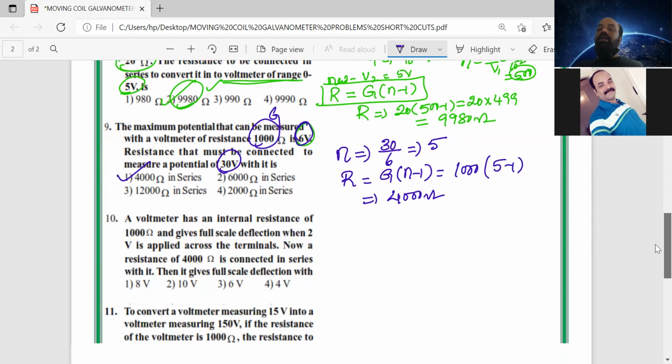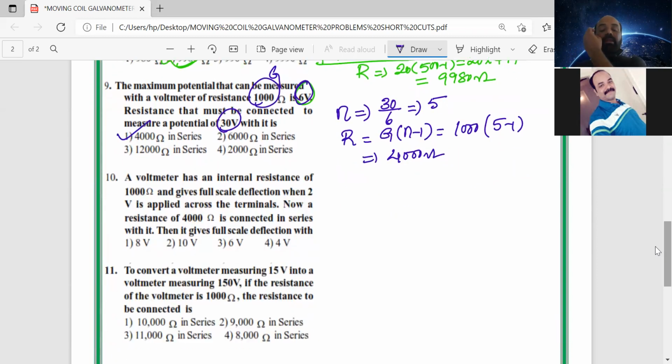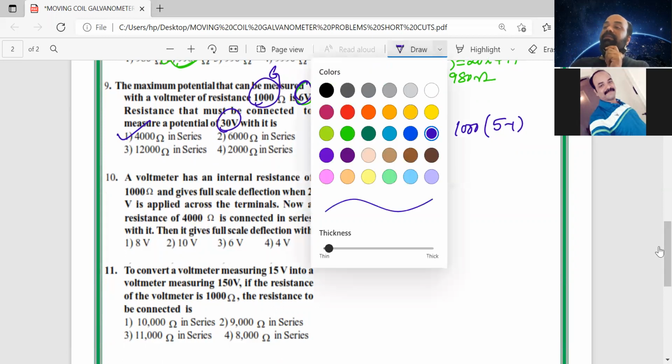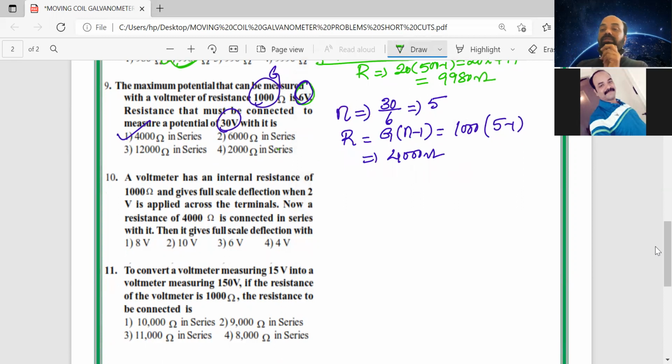Now see the 10th problem. A voltmeter has an internal resistance of 1000 ohms and gives full deflection when 2 volts is applied across the terminals.